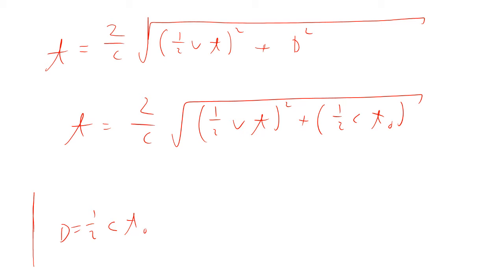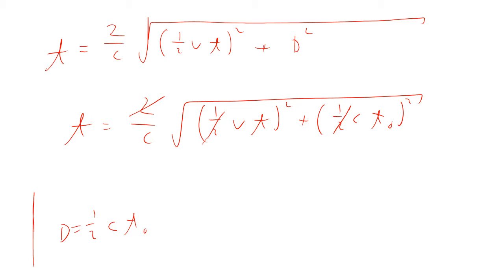Why did I do that? I did that primarily so I could relate the time that one person measures to the time the other person measures. Doing a little algebra, we see that all that cancels out right there.